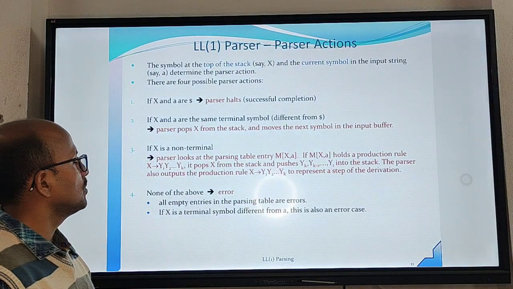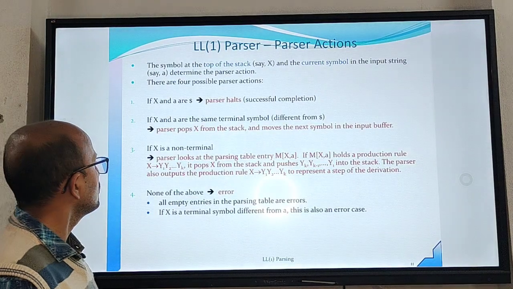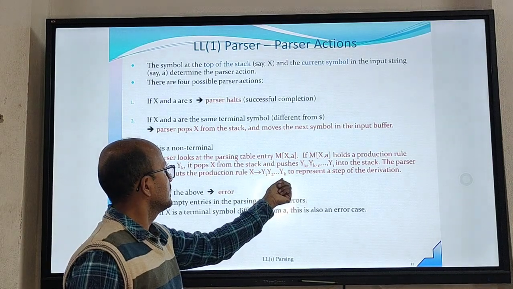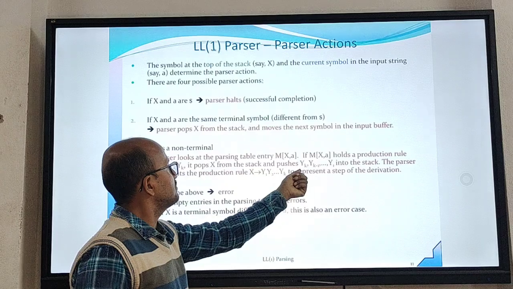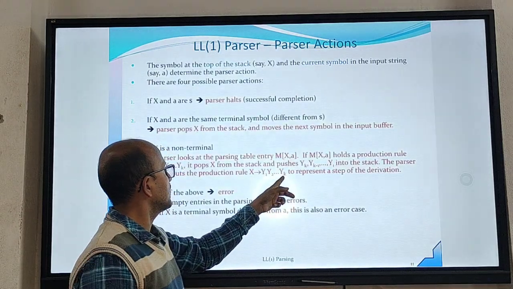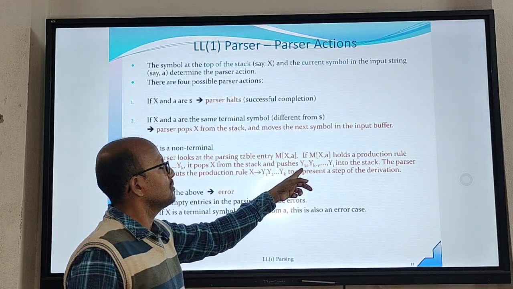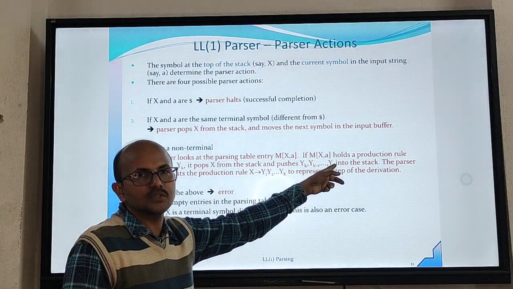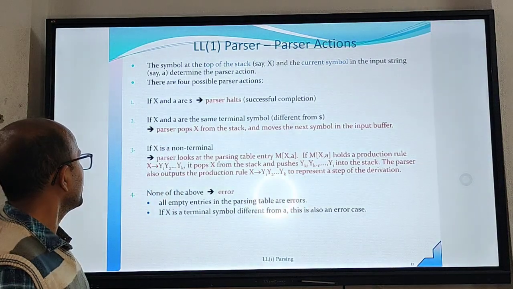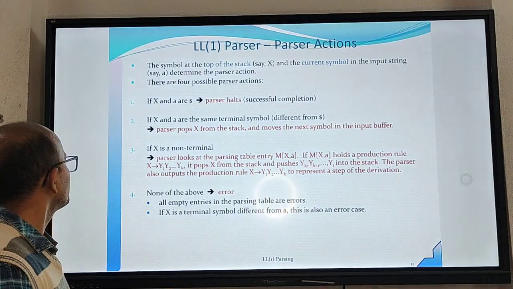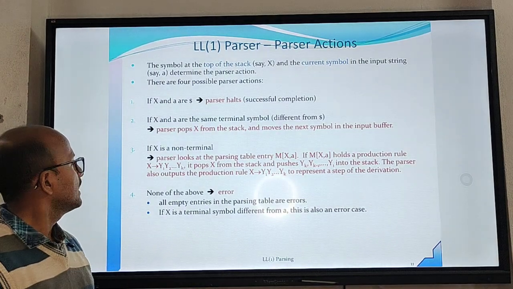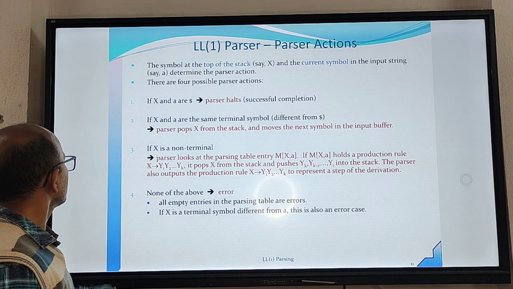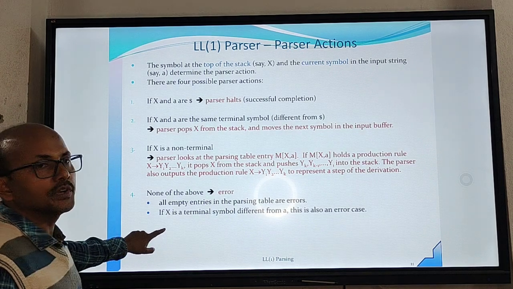Then we have to push the right hand side symbols of your production onto the stack in reverse order. That means Yk, which appears last in the production, will be pushed first and Y1 will be inserted into the stack last. For other cases, where X is not a non-terminal and a is not a terminal symbol, we will report an error.